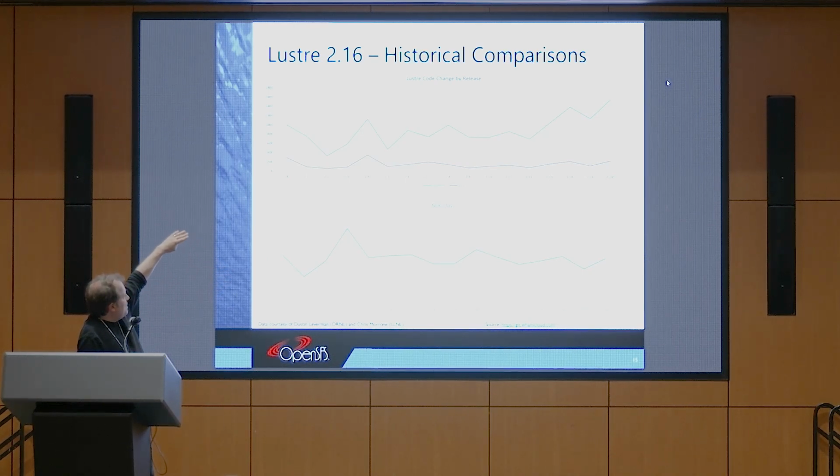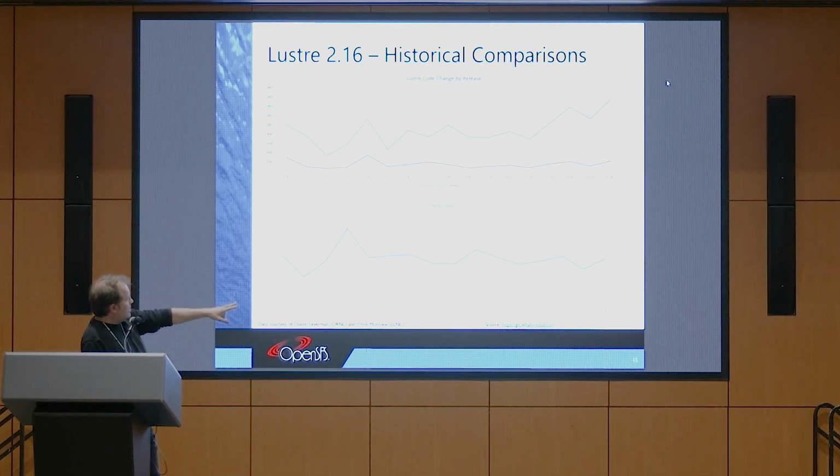The blue line at the top is the number of commits, and the red line is the thousands of lines of code. So you can see how 2.16 compares over time. It's the highest number of commits by some margin, but of course, the reason is because it's had the longest time.